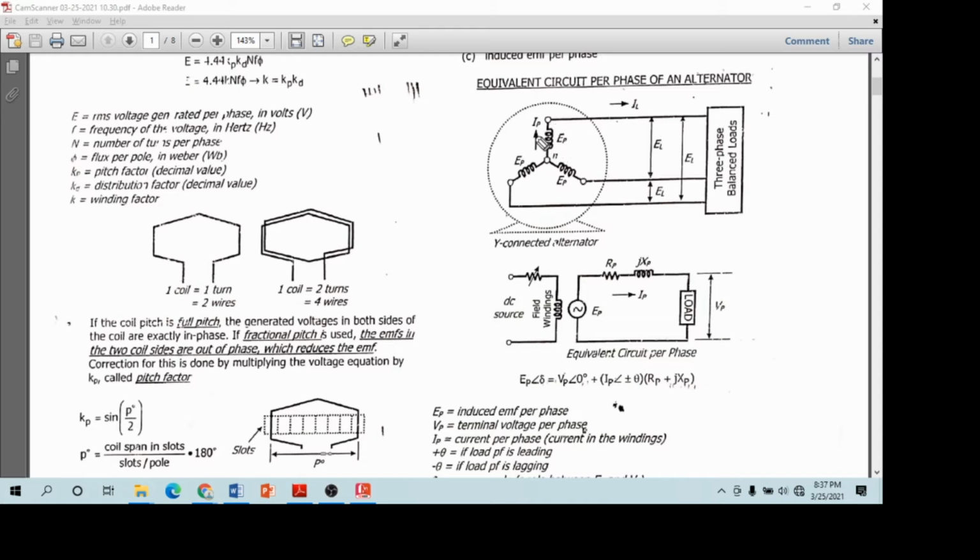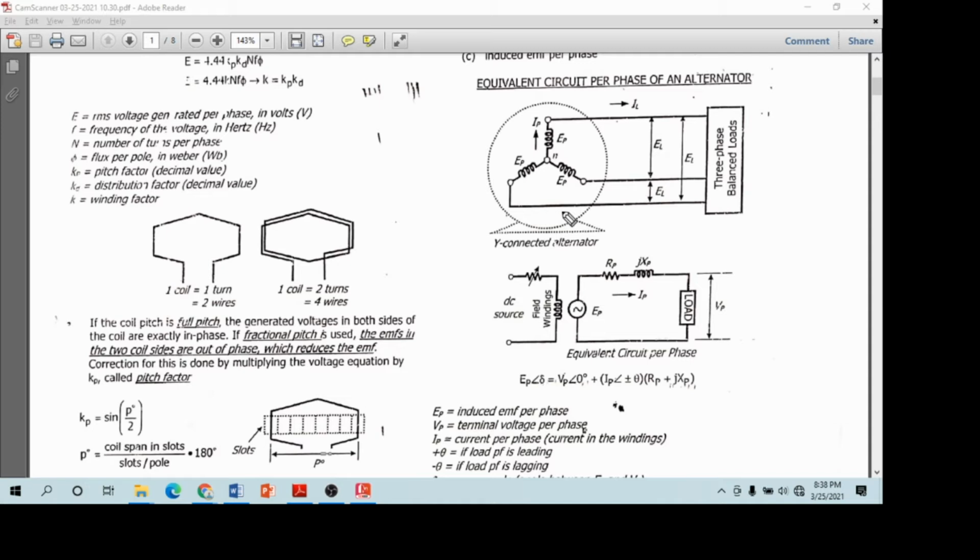It is composed of many coils, not only one, but many conductors connected in series so that the voltage will be summed up and arrive at the specified or designed voltage output. This is the phase winding: phase winding number one, phase winding number two, and phase winding number three.